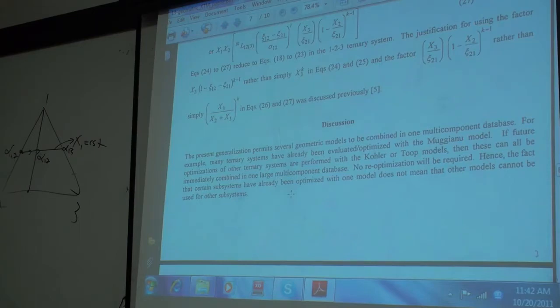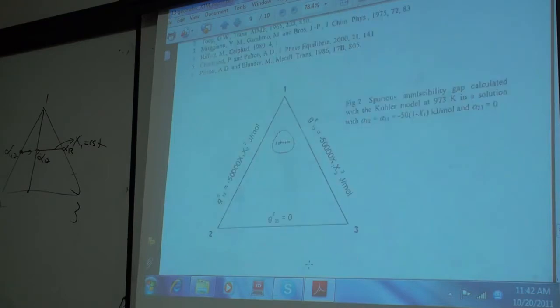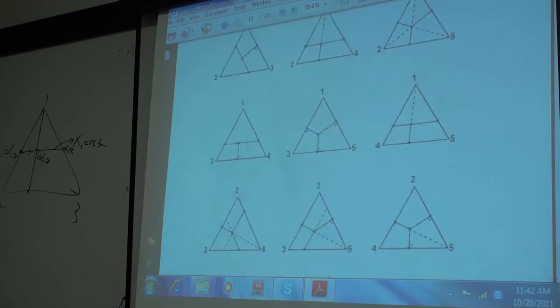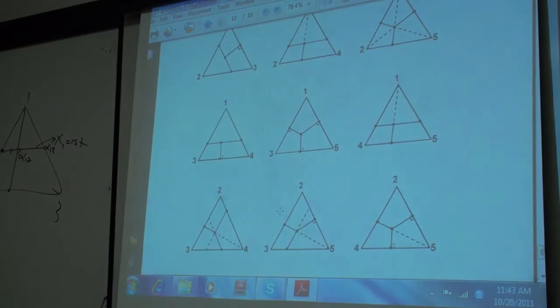You can have several systems, like I say down here. For your 5-component systems, you have 3 or 4 systems that were done using Muggiano by somebody else. You want to just use their parameters and not have to re-optimize. But for the other systems, the new systems you're doing, you're using Kohler 2. Well, this lets you put the whole thing together.